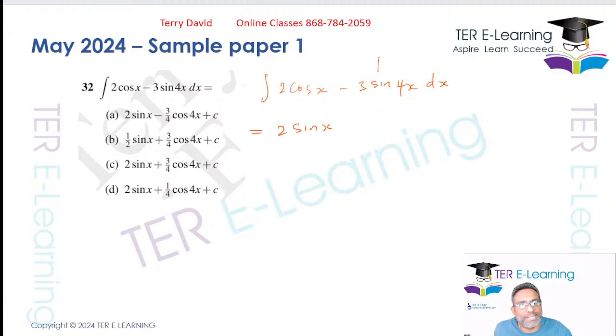Then when you integrate sine, you're going to get negative cosine. So therefore, the sign here is going to change to plus, and this is going to be 3/4 cosine 4x plus c. So which answer is that? 2 sine x plus 3/4.